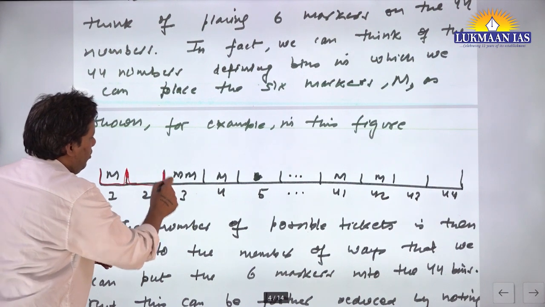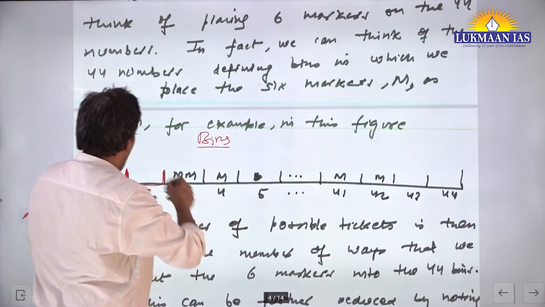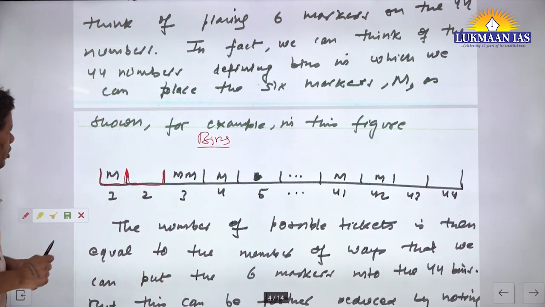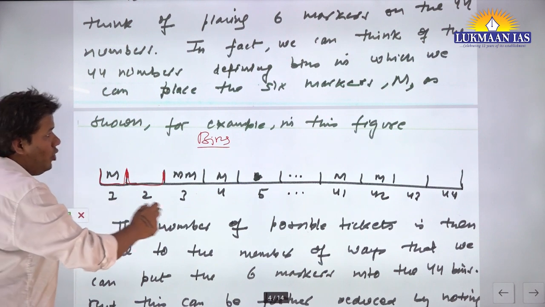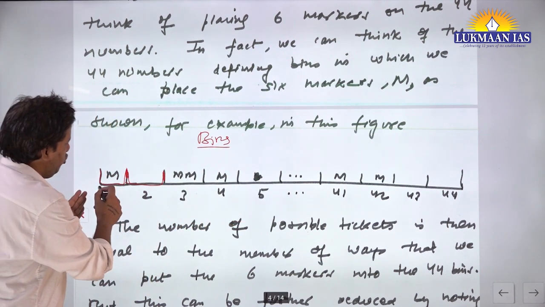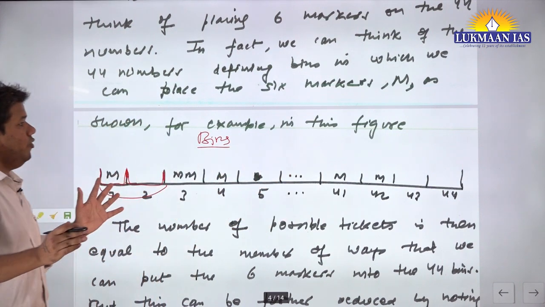These are the walls of the bins. We can imagine there are 44 bins, and we are just simply putting 6 markers. Now, if you have to see the arrangement, with a total of 44 bins, how many walls will we have? 45. Because you can count, let's say 2 bins have 3 walls. So 44 bins will have 45 walls.